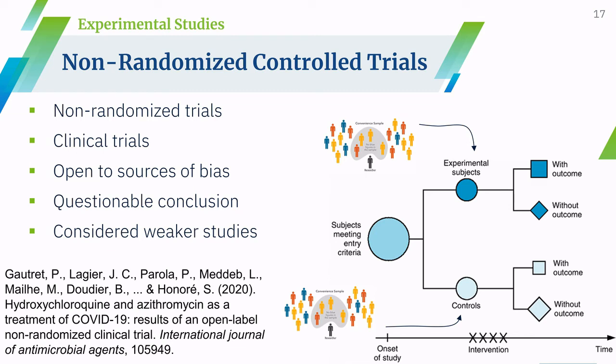Studies using non-randomized controls are considered to be much weaker because they do nothing to prevent bias in patient assignment. You can refer to the recent example of open-label non-randomized clinical trial of hydroxychloroquine and erythromycin as a treatment of coronavirus.